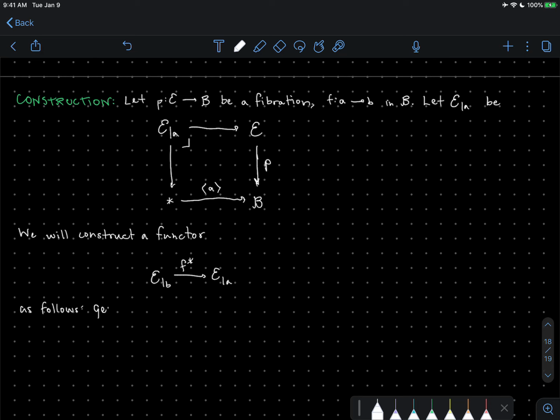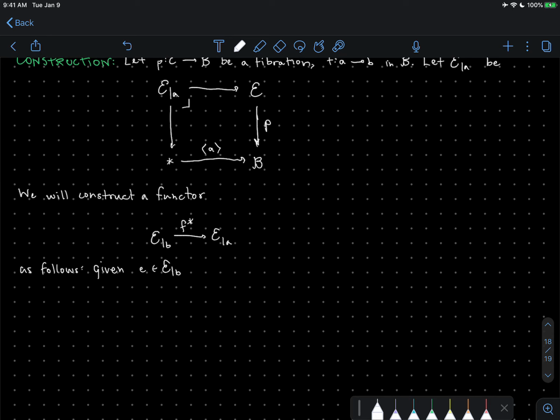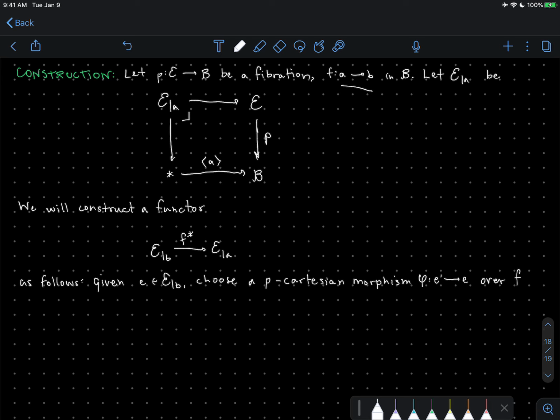So given an object E in the fiber over B, we'll pick some object of the fiber and we'll choose a p-Cartesian morphism phi from E prime to E lying over our map f from up here.